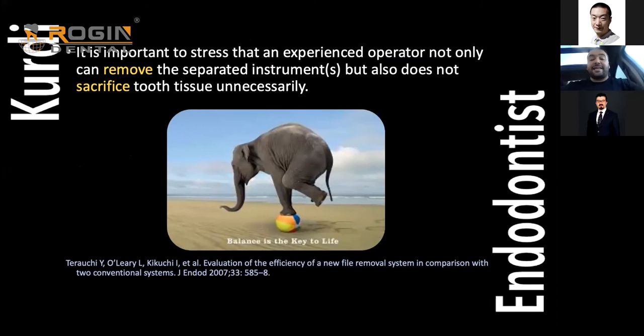This elephant standing on the ball, we always say that balance is the key to life. You should be this elephant standing on a ball and you should have this balance. Why? Balance between dealing with the problem, the file, and also being conservative. That's why you have to have this balance.